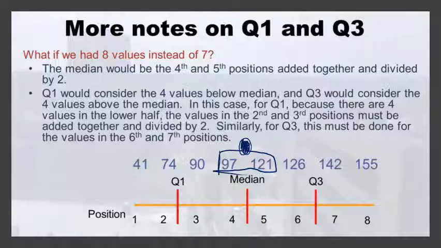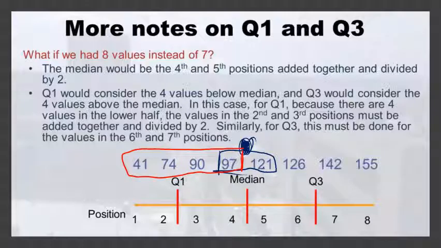Then you go ahead and find your Q1 and your Q3. Since we had to take an average for our Q2, we are definitely going to be reusing these 2 numbers. If we look for our Q1, we have to use this number, this 97, so our Q1 is going to come from this data set.